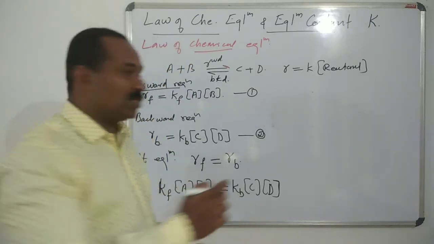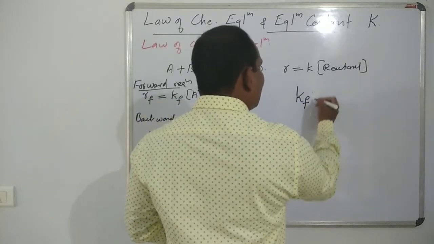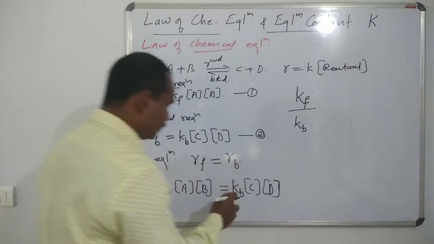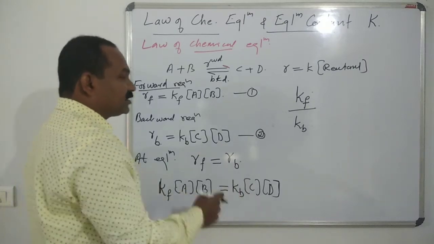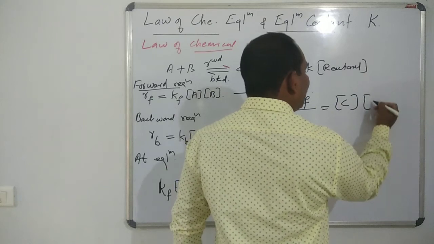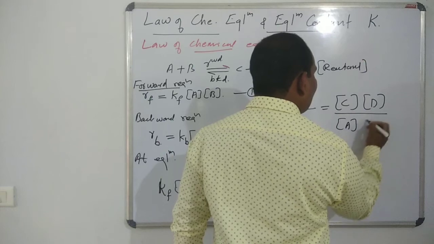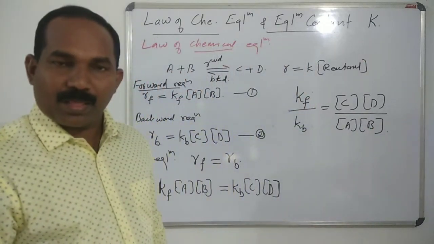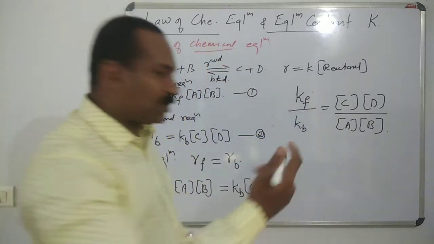By rearranging this equation, KF divided by KB, the constants become on the same side. Then reactants and products on the same side: concentration of C into concentration of D divided by concentration of A into concentration of B. A constant divided by another constant gives one another constant.